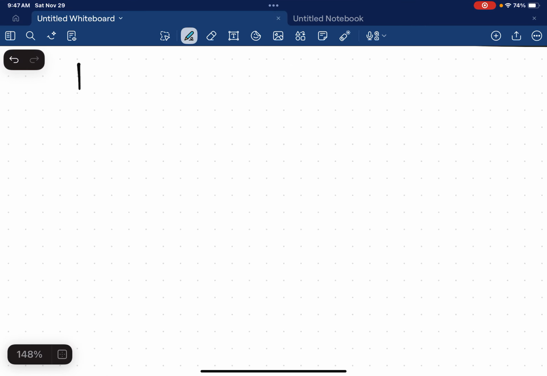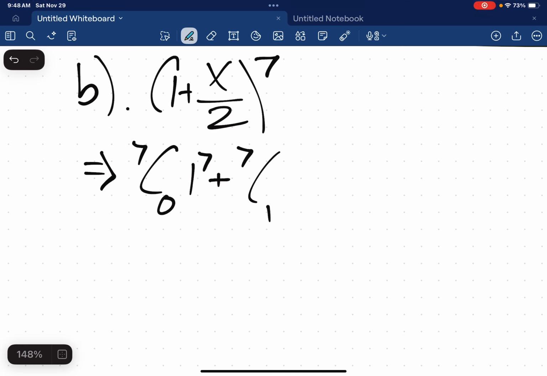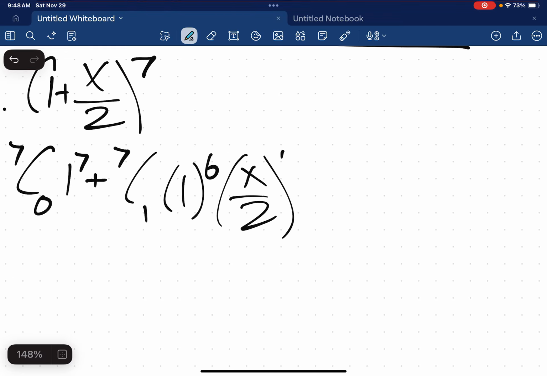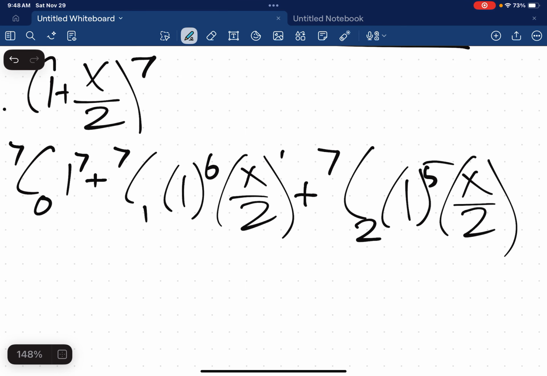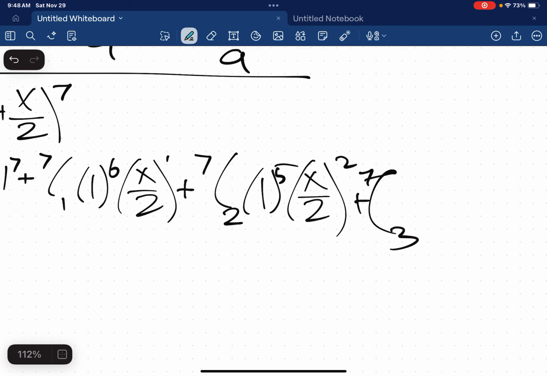Let's go on to B. B, we have 1 plus x divided by 2 to the 7th, which according to the binomial theorem is just going to be equal to 7 choose 0, and then 1 to the 7th, plus 7 choose 1, 1 to the 6th, x divided by 2, plus 7 choose 2, 1 to the 5th, x divided by 2 squared, and 7 choose 3, 1 to the 4th, x divided by 2 cubed.